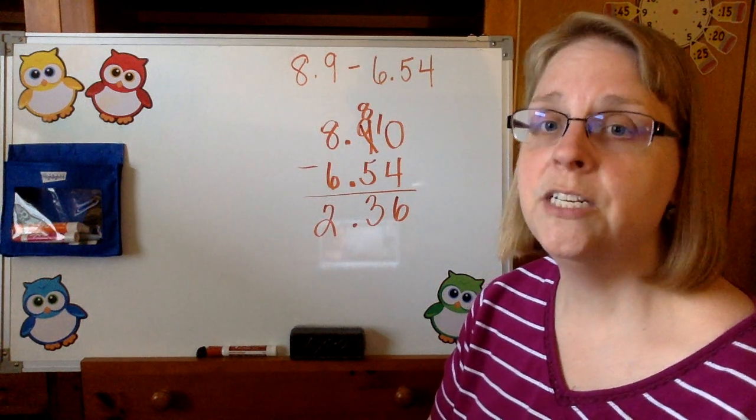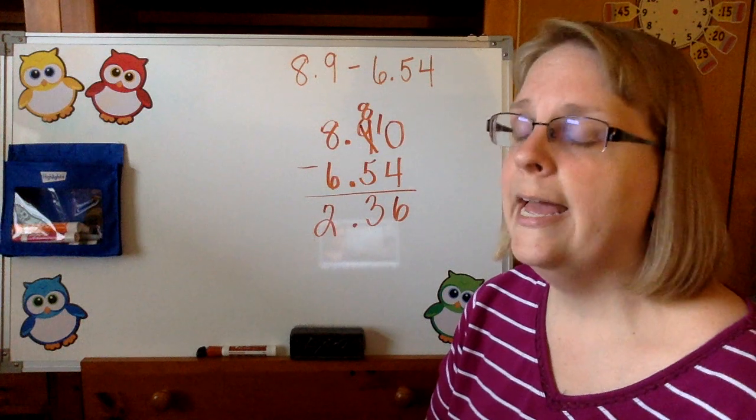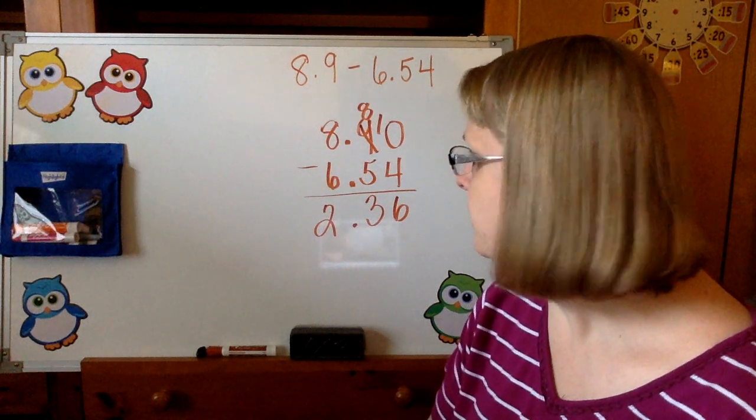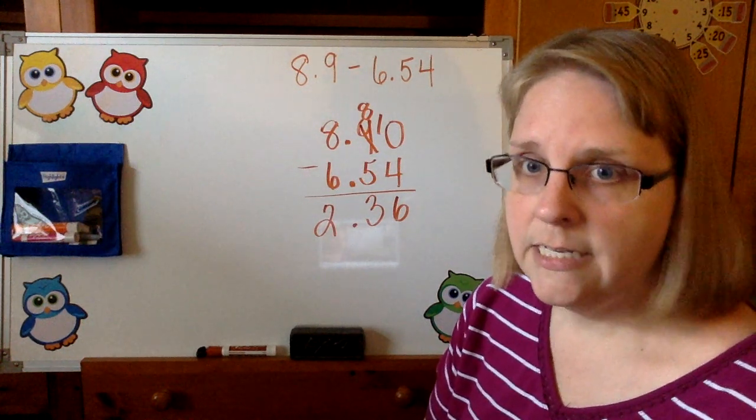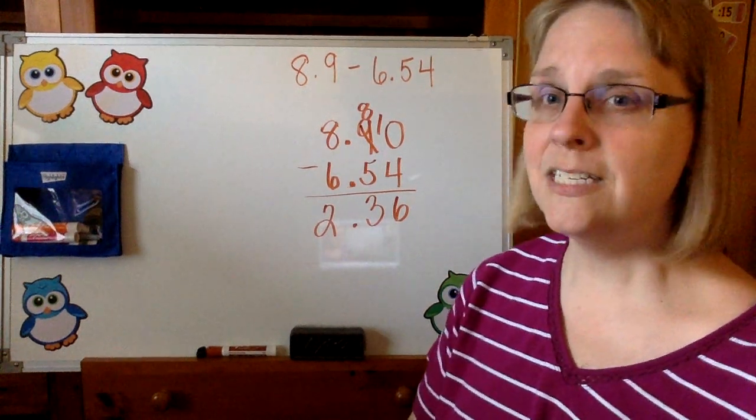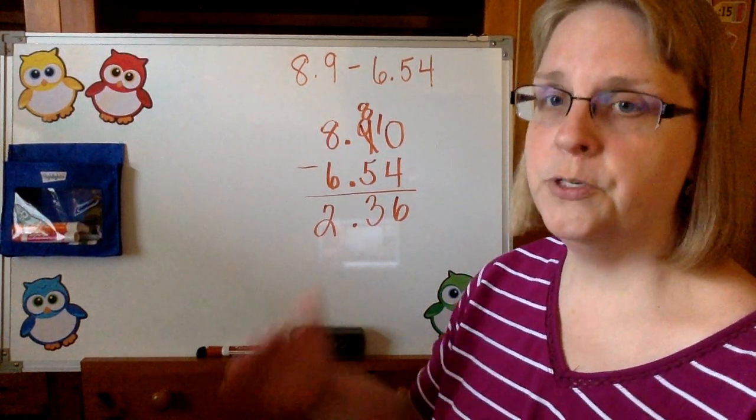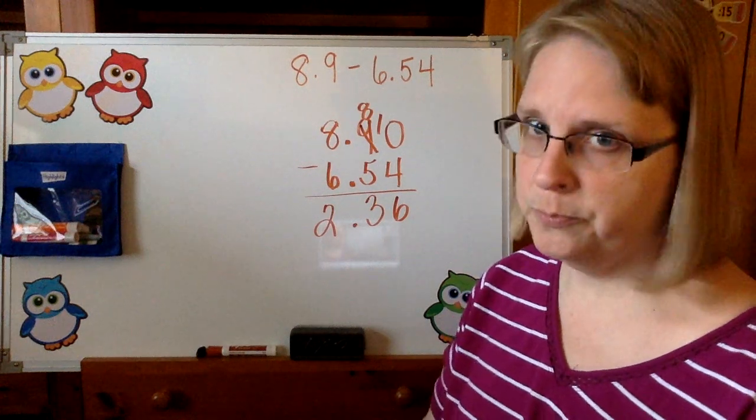Zero has no value. It is just a placeholder. And so that's what we're using it for right here. And also keep in mind that if you cannot subtract from your top number, you do have to regroup.